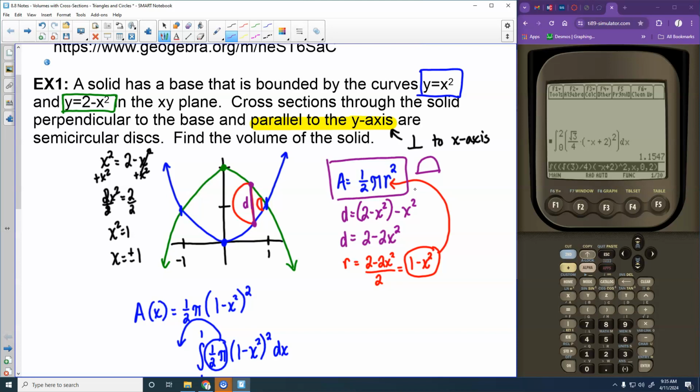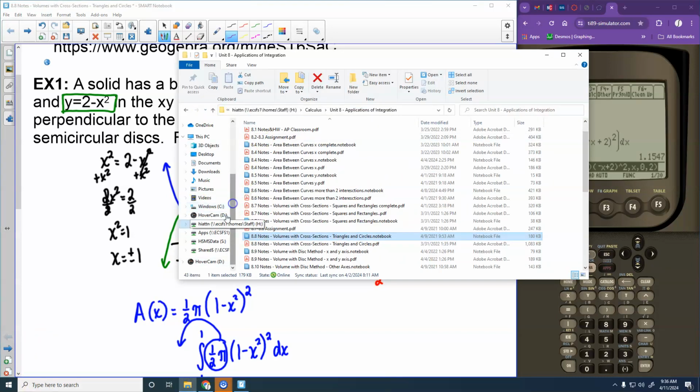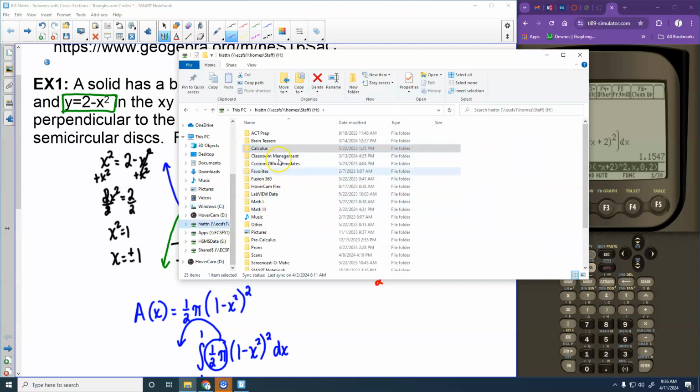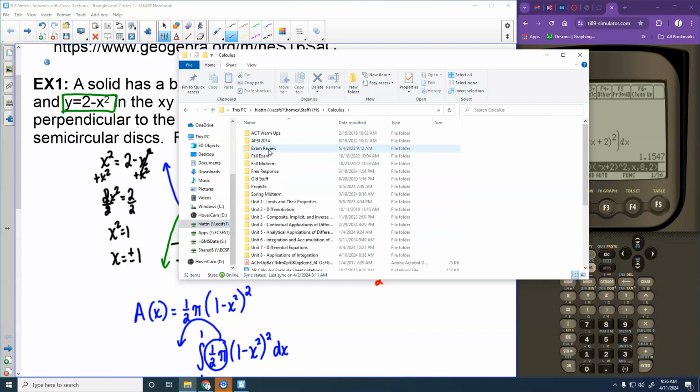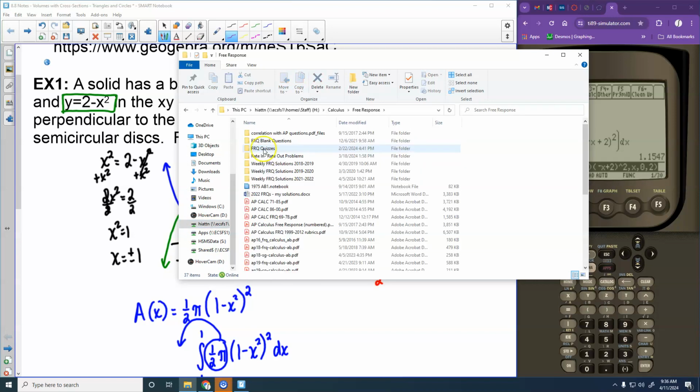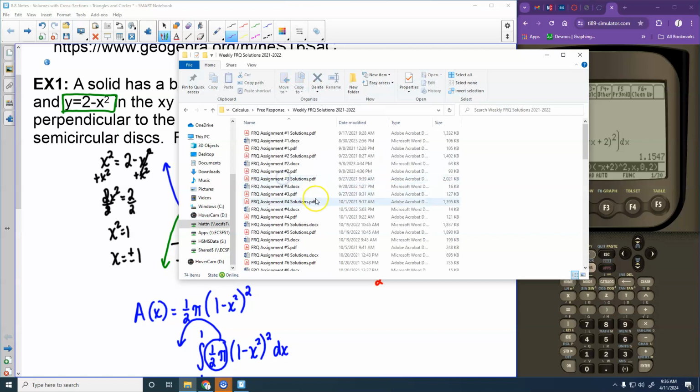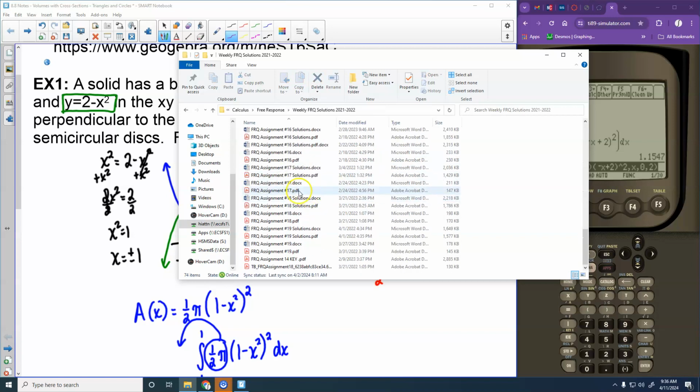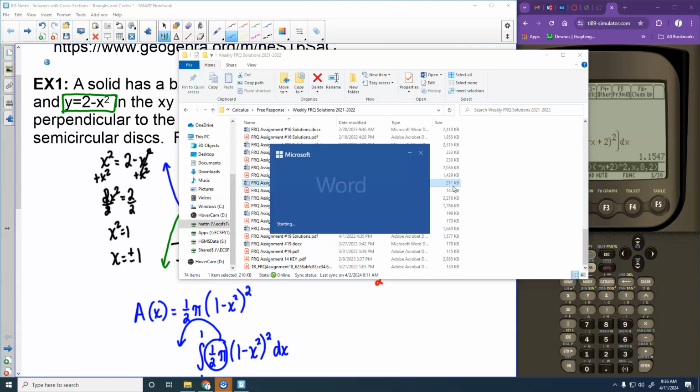All right, let's do a free response question. Which one do you guys want to do? There's 3. We've had it for a while, but I realize that some of you guys work best under pressure.